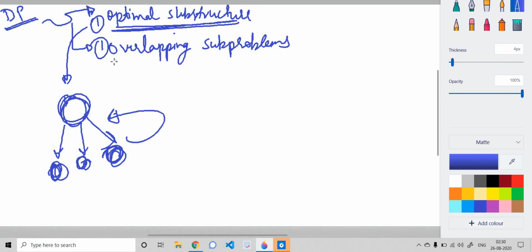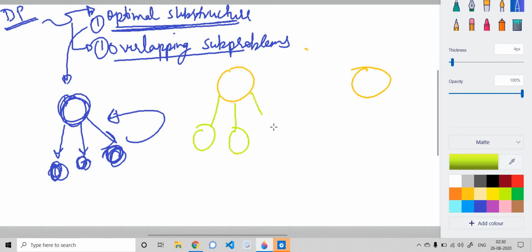And the second condition we have is overlapping subproblems. Here also let me explain using a high-level diagram. Suppose we have two separate recursive calls, and they are making further recursive calls on smaller subproblems.